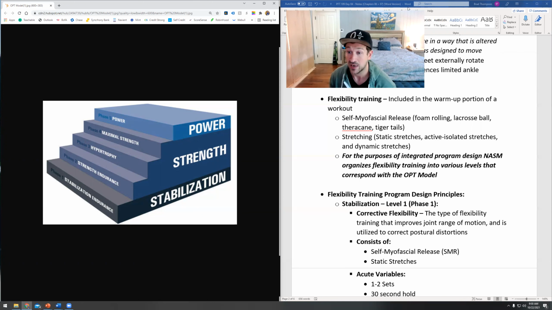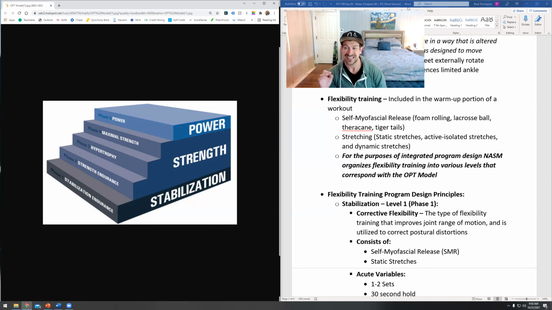So here's the thing about stretching. Static stretches in particular, and static stretches are the stretches that we usually think of when we think of stretching. When I think of a chest stretch, I think of a big long 30-second hold. So we've got to be a little bit more specific about how we label these stretches.